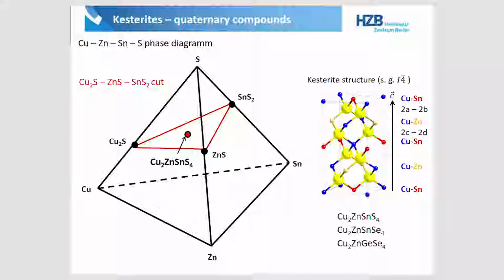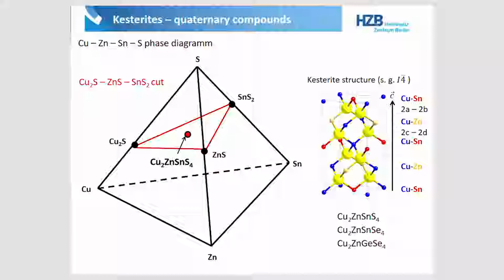And the Kesterite you can find in a cut in this triangle here between copper sulfide, tin sulfide, zinc sulfide. Of course, you can make other cuts, but we always choose this one.